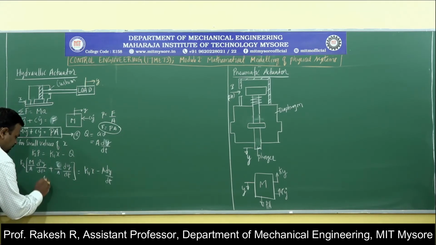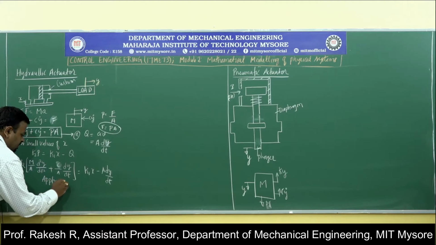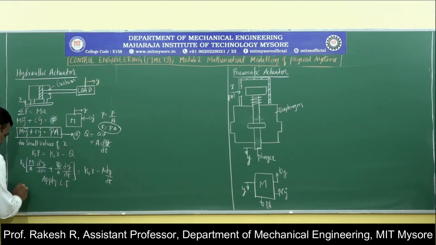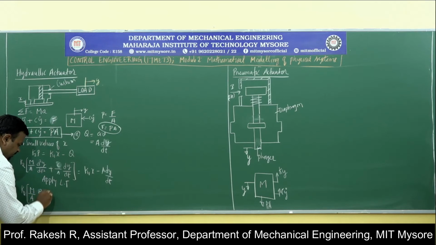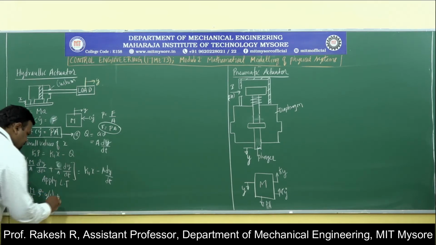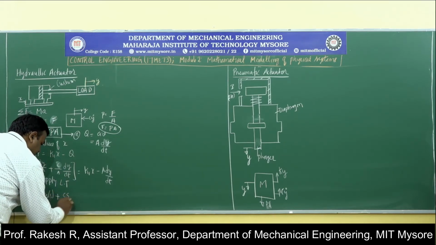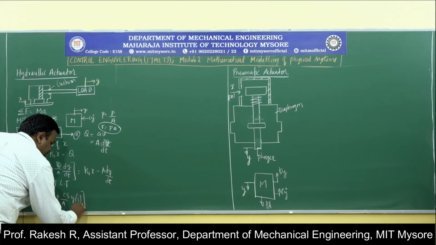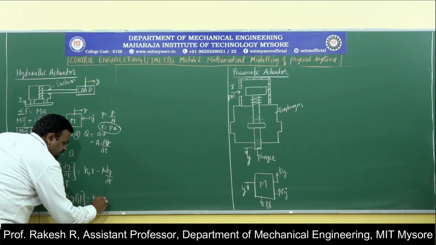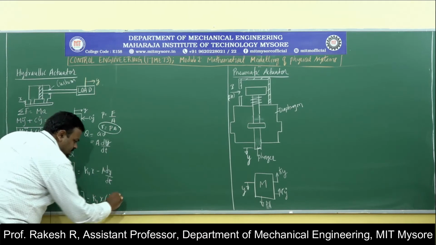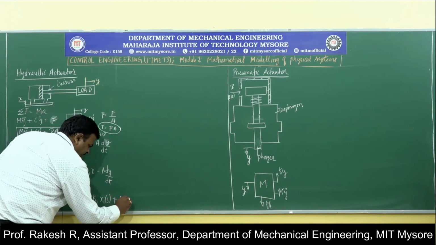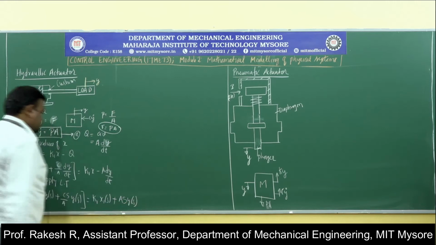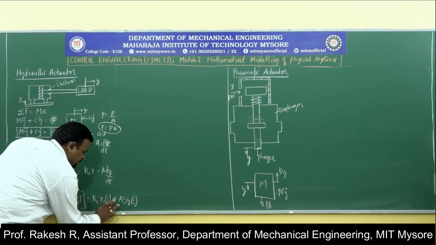What I will do is apply Laplace transformation. If I apply Laplace transformation, K2 M by A, it will be S square Y of S plus Cs into Y of S will be equal to K1 into X1 of S plus A S into Y of S. Sorry, this is minus.